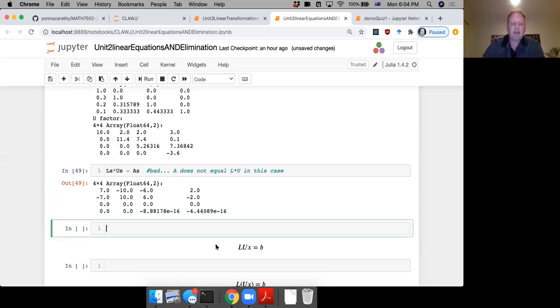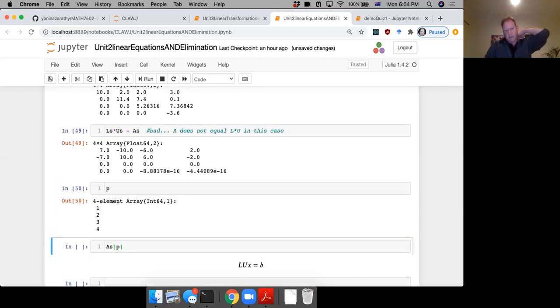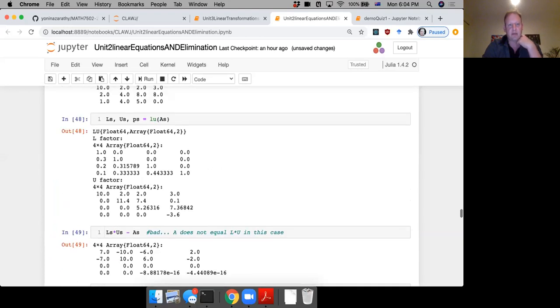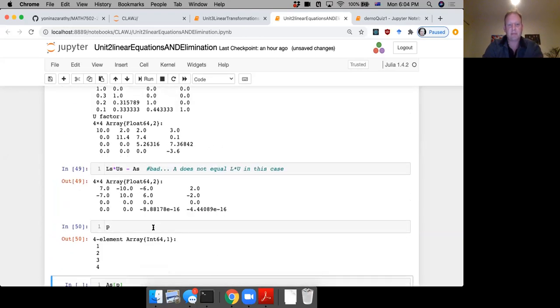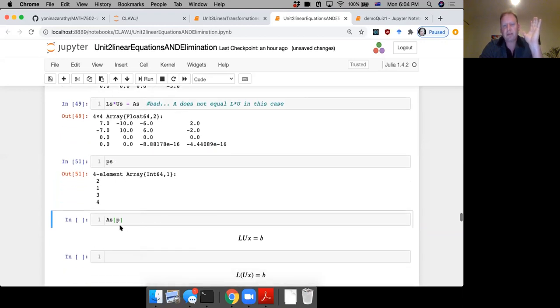However, if I do AS with this P, look at P. P is the index of permutation. This is not critical what I'm doing now, by the way. It might look a bit confusing, but it's not the central thing. You see this permutation switches the second row and the first row. So how do we do this on AS?